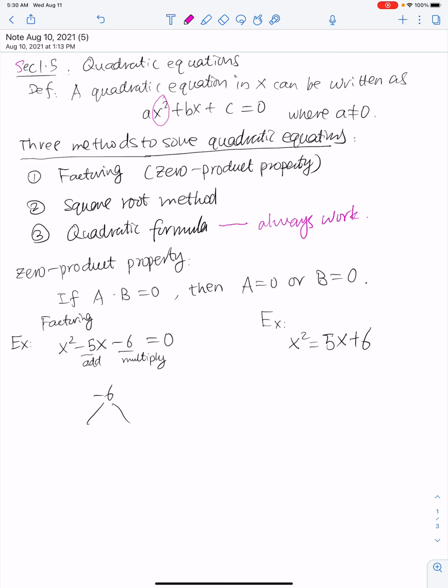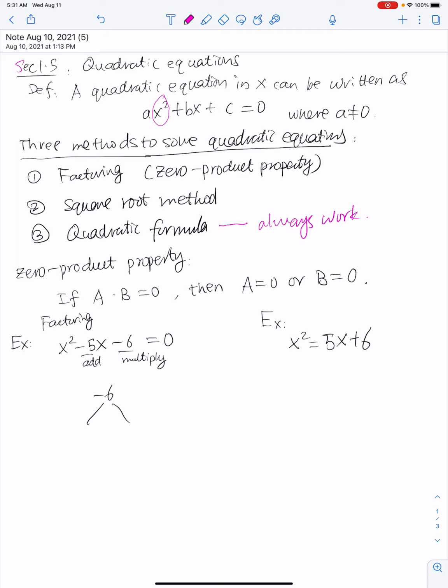The first one is x squared minus 5x minus 6 equal to 0. So what do we want? We want to find two terms multiplied together equal to 0. So we want to factor the left side. For negative 6, what two numbers add together to be negative 5, and multiply together to be negative 6?